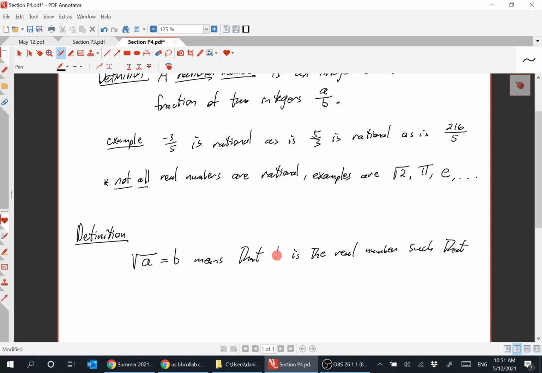If you say b is the square root of a, what does that mean in terms of what we've already been talking about? We've been talking about integer exponents. So in terms of integer exponents, what does the square root of a equal to b mean? It means that a is equal to b squared.